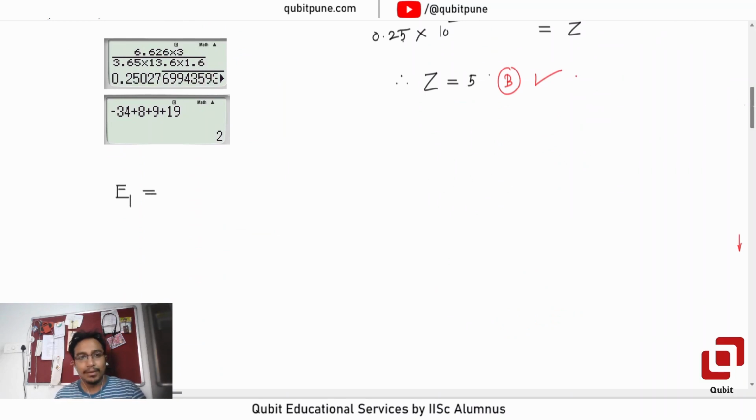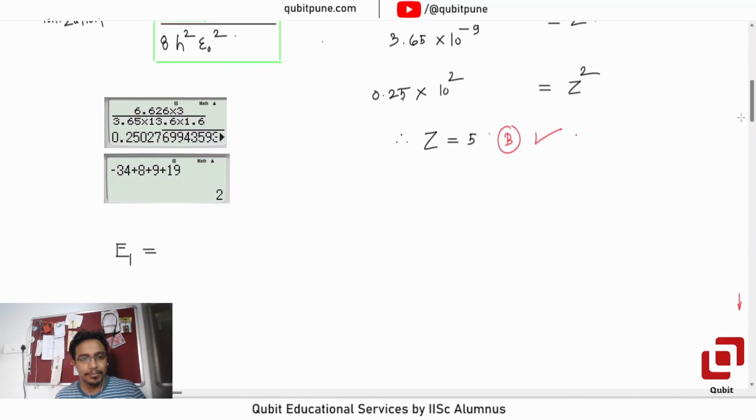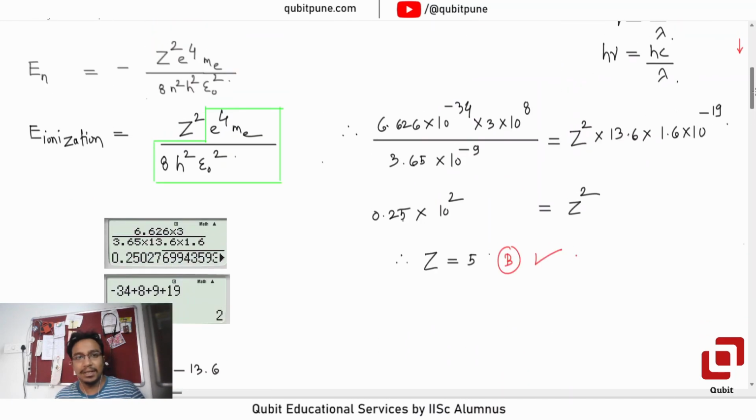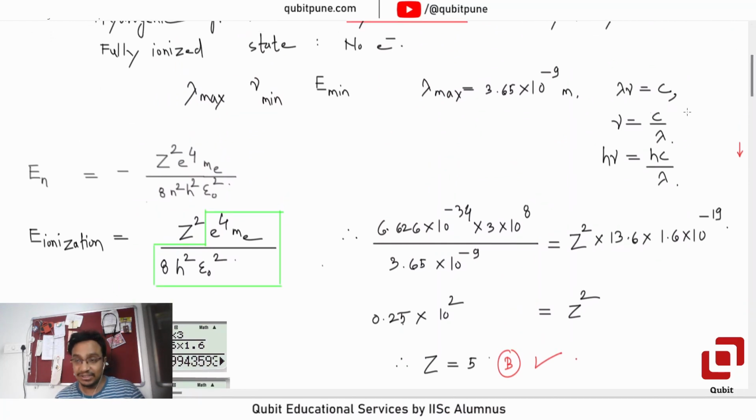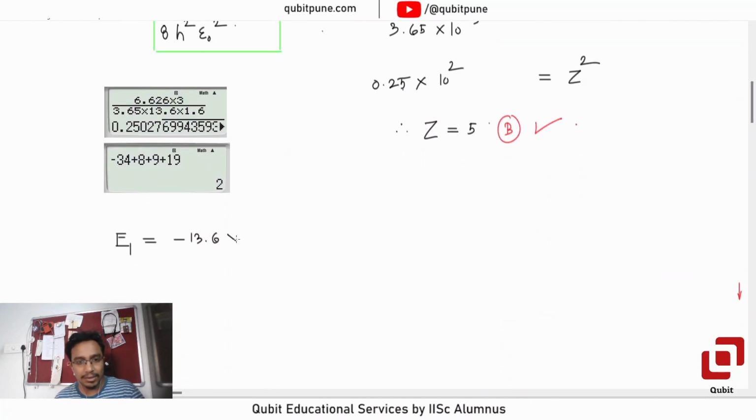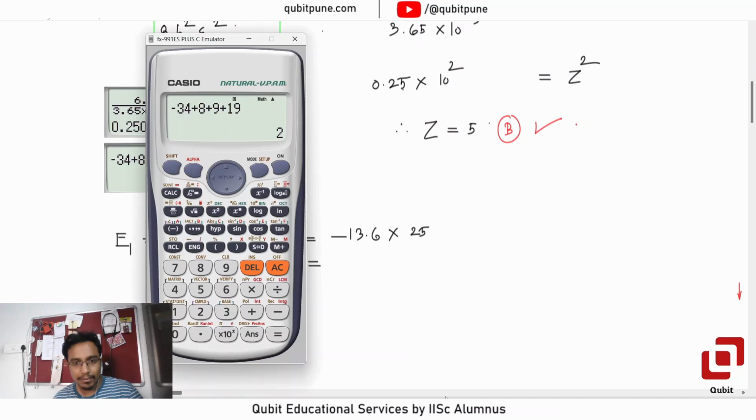E1 is equal to negative 13.6 into z squared. So negative 13.6 into 25, that is negative 340.